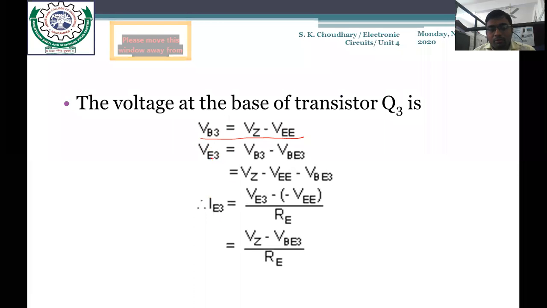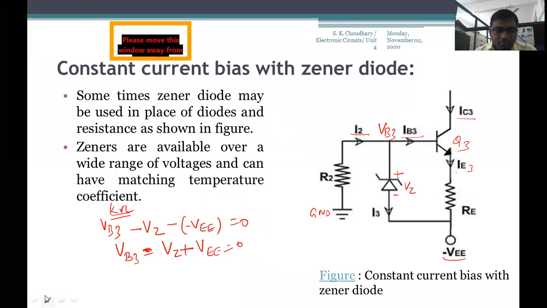In this way, we can also calculate VE3, the voltage at the emitter terminal of Q3. That is nothing but VB3 minus VBE3. It is very clear from the circuit diagram. VE3 is the voltage at the emitter terminal of Q3, which is the base voltage VB3 minus VBE3.